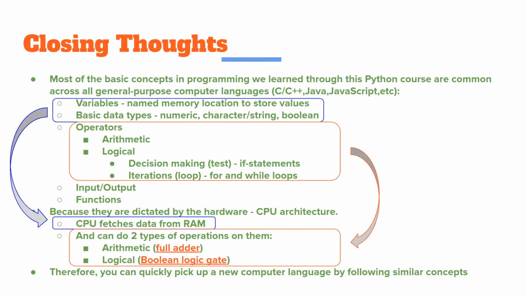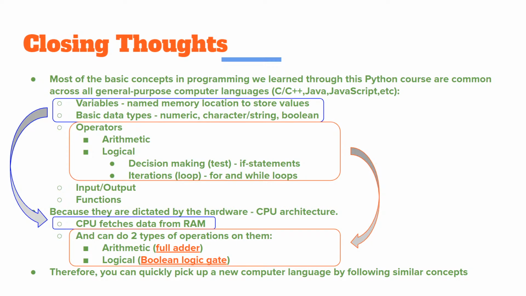And from this knowledge, we learned that all these programming languages essentially just manipulate these two calculations over and over again in a way that is easy for us to understand and use, right?